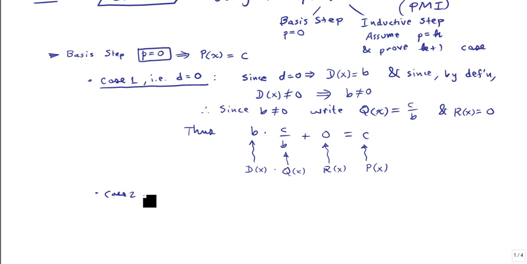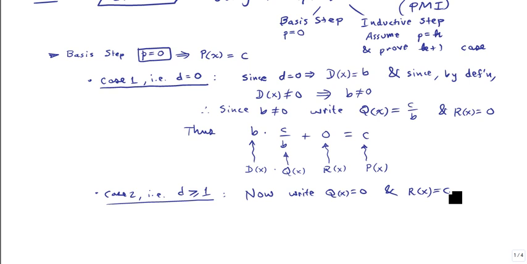Let's look at case 2, i.e., the degree of the divisor polynomial is greater than or equal to 1. Again, we're trying to show existence here of a q and an r. I can just write very simply that q is 0, and let me make the remainder some constant value, c. Okay, and if you do that, look at what we have.